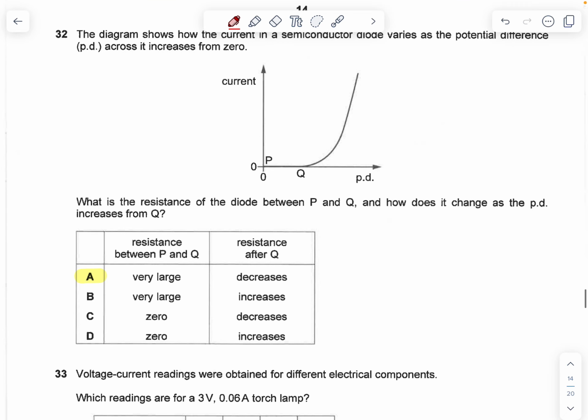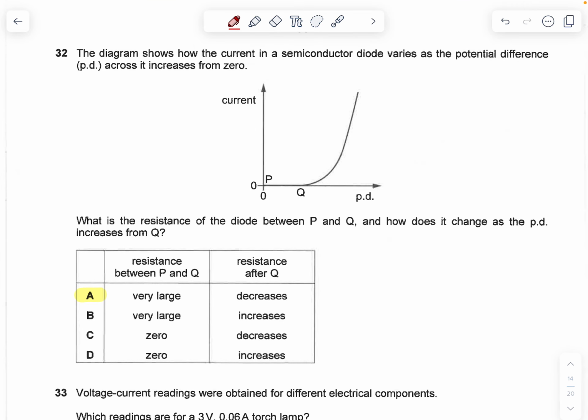Okay, question 32. The diagram shows how the current in a semiconductor diode varies with the potential difference as it increases from 0. So you have the graph of current I against PD, V. So it's the IV curve. What is the resistance of the diode between P and Q? And how does it change as the PD increases from Q? Between P and Q, the gradient is 0.